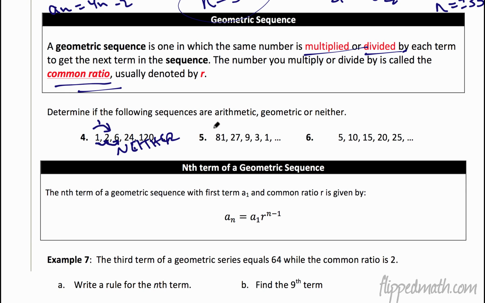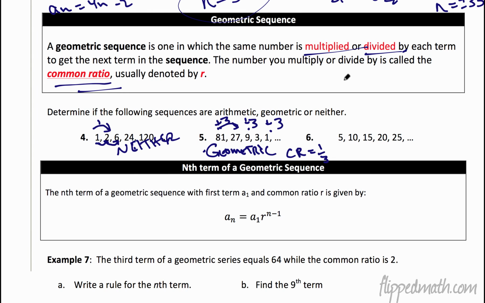So how do we get from one term to the next in number 5? Well, divide by 3. We're dividing by 3 here. Divide by 3. Divide by 3. Divide by 3. So this is geometric. This is a geometric sequence, and the common ratio is going to equal, now it's what you multiply by, so it's multiplying by a third because you divide by 3.